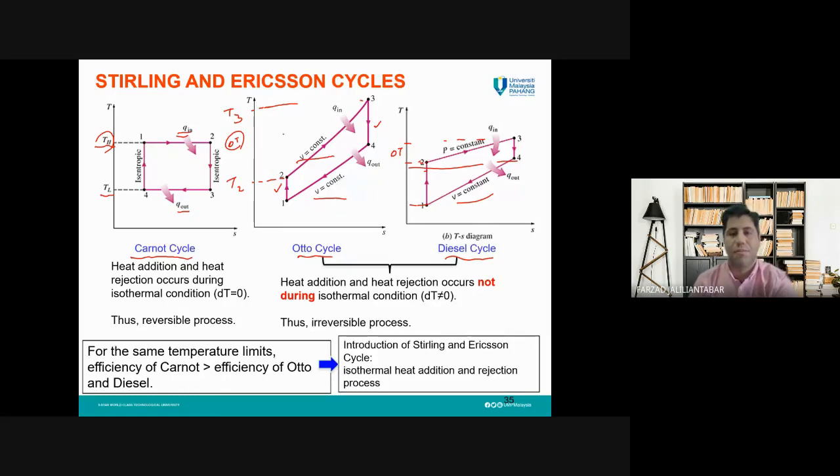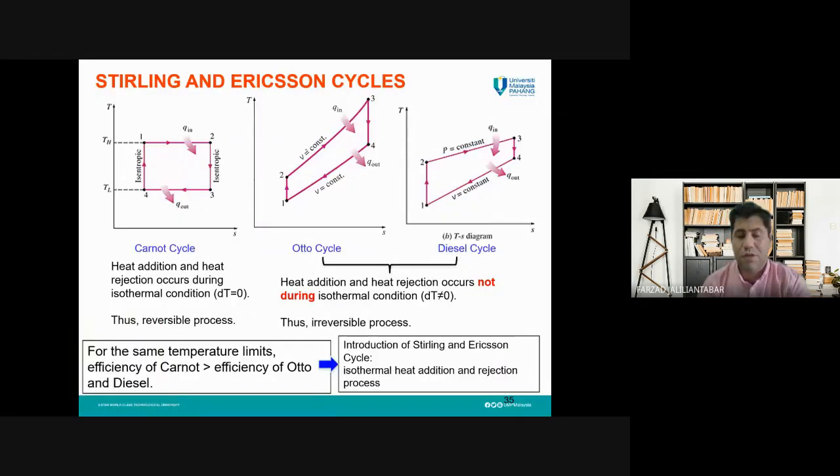So the problem with these two cycles, which causes their efficiency to be lower than the maximum efficiency, which is the efficiency of the Carnot cycle, is these processes. They are not isothermal processes. So can we have isothermal processes here instead of this constant volume process? Can we change the Otto cycle?